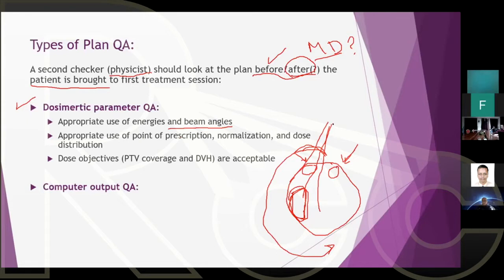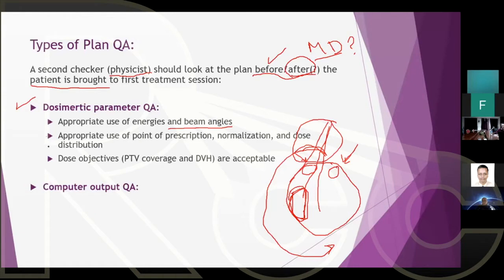But if these angles, these beams going through the eye, were omitted, they would not change the plan quality. And we have to make sure that the patient receives as low as reasonably achievable. The ALARA principle not only applies to radiation safety for shielding, it also applies to saving the critical organs. There's absolutely no reason for this particular case to go through the eye, for example, right?